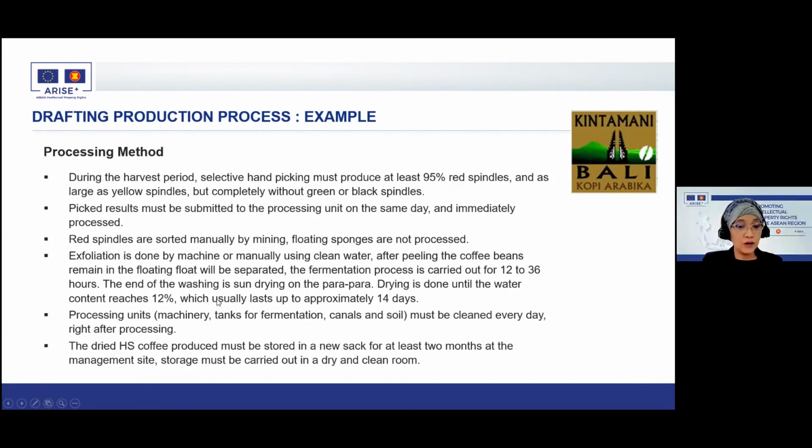The end of the washing is sun drying on the para-para. Para-para is a traditional tool to dry something. Drying is done until the water content reaches 12%, which usually lasts up to approximately 14 days.